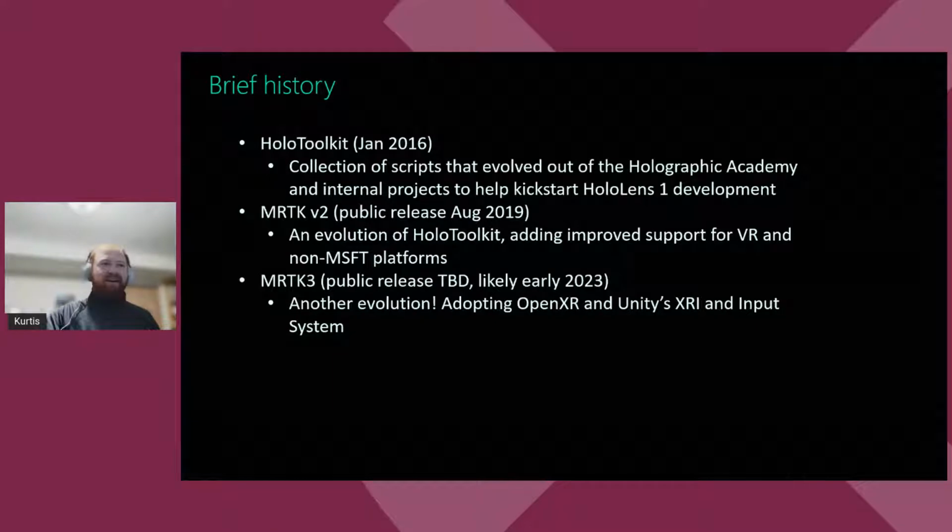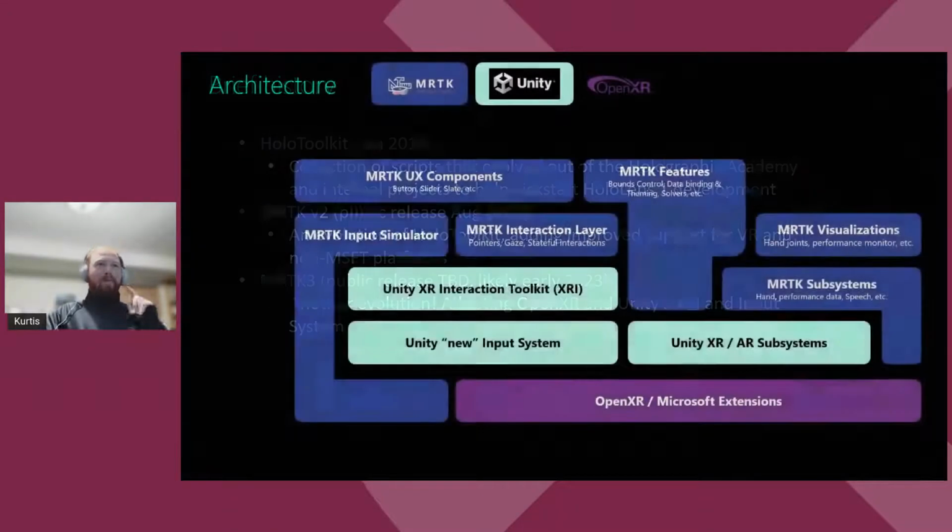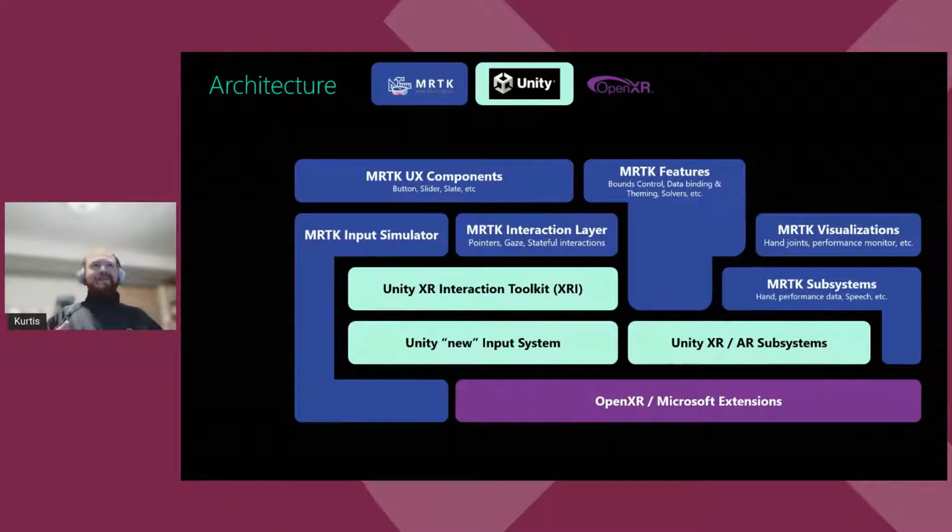I'm getting slightly ahead of myself here, but that leads me into this picture, which is our general architectural layout of the interaction, and a little bit more of the spatial and interaction stack of MRTK3.